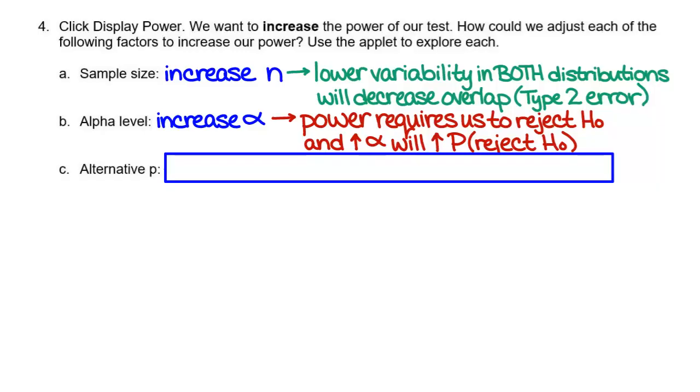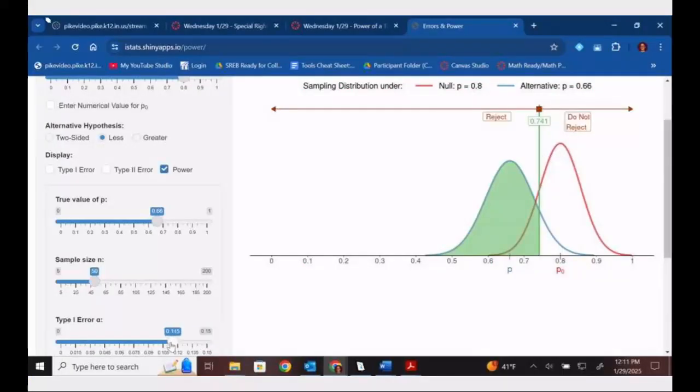And then finally, we have this alternative value for P, which on here, the alternative value for P, they're calling the true value of P. What would you do to that alternative value of P if you wanted to increase the power?